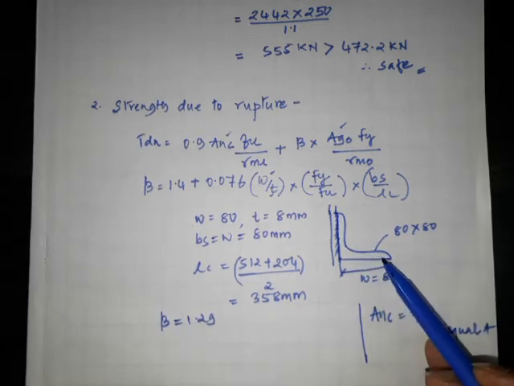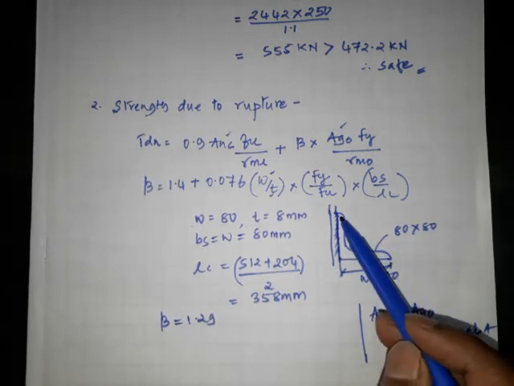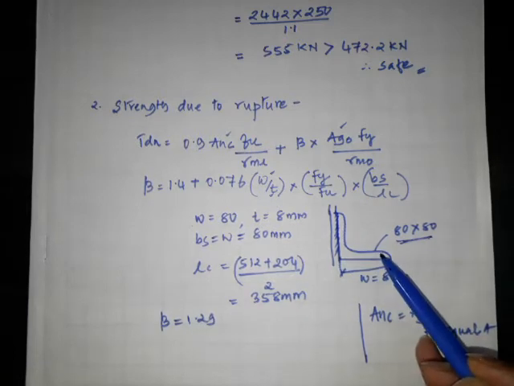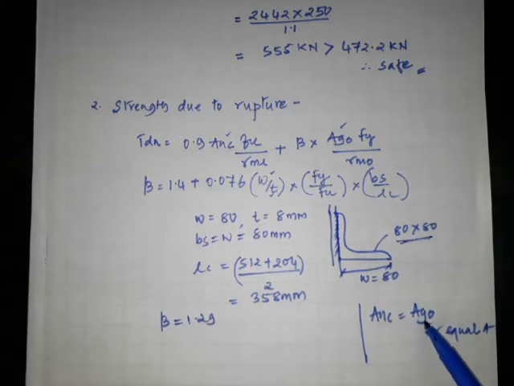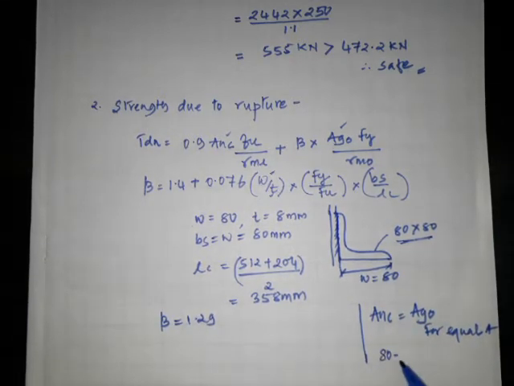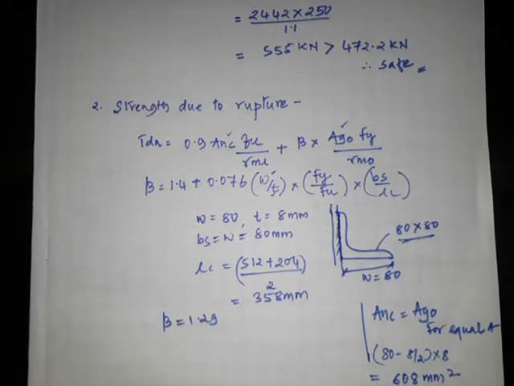If the two legs are equal, as with the equal angle 80 by 80 here, ANC will become equal to AGO. So that will be 80 minus 8 by 2, into 8. We get this as 608 mm square.